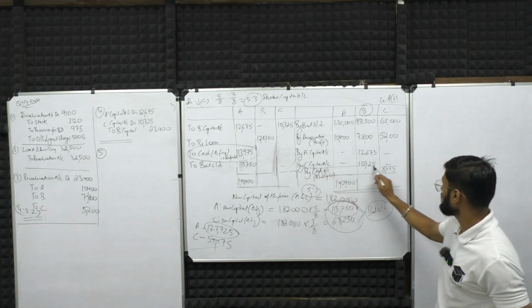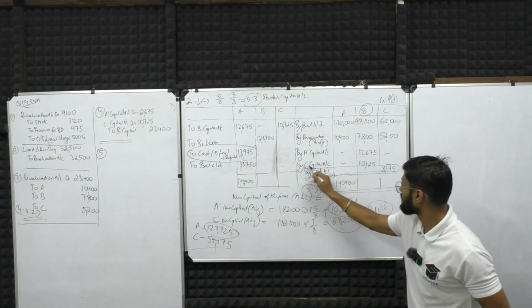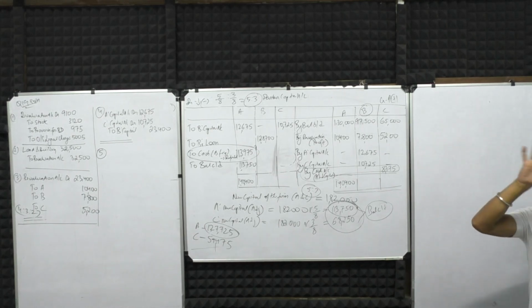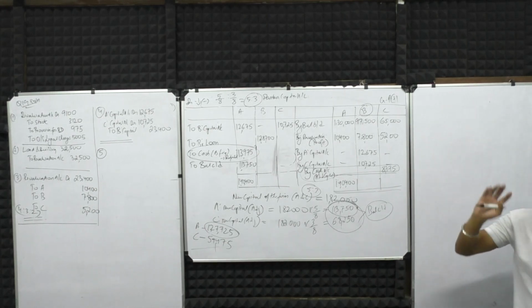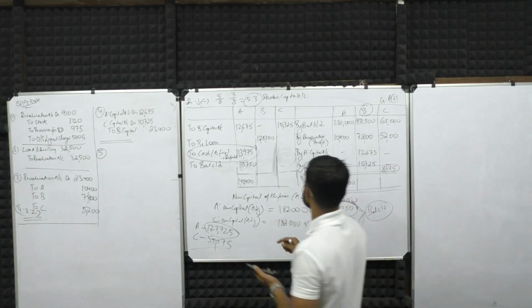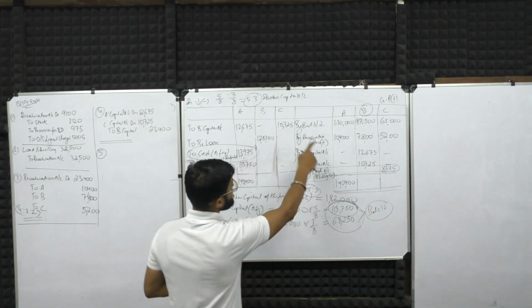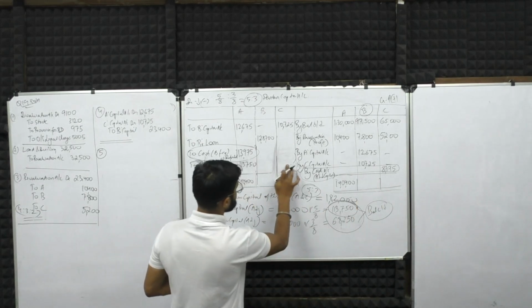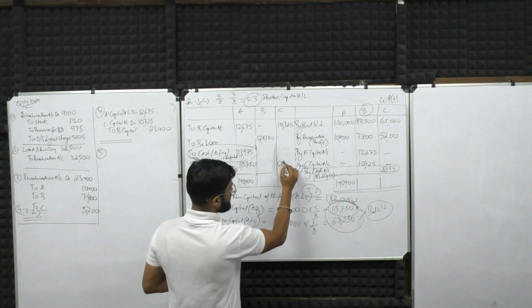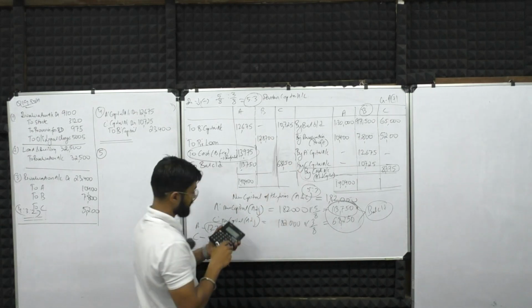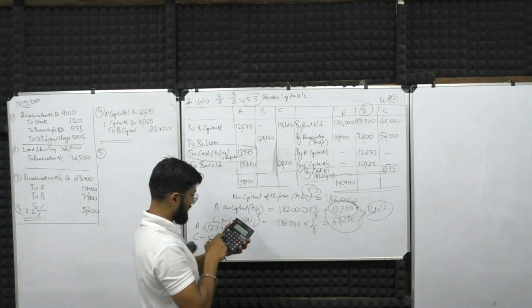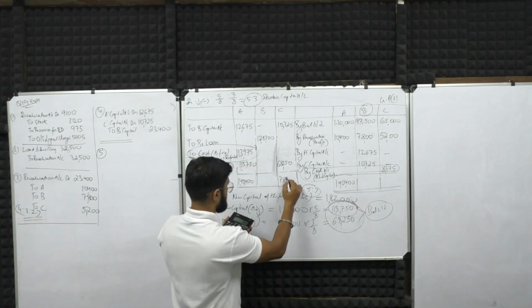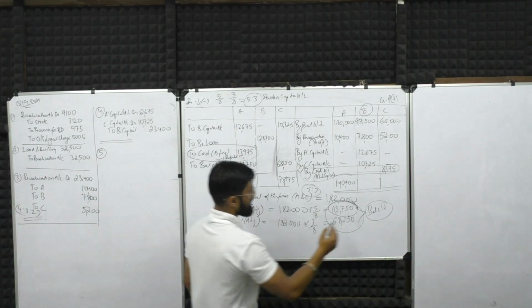Or what you can do is add all this part. See, actual adjusted is 68250. 68250 plus 107250 gives 78975.